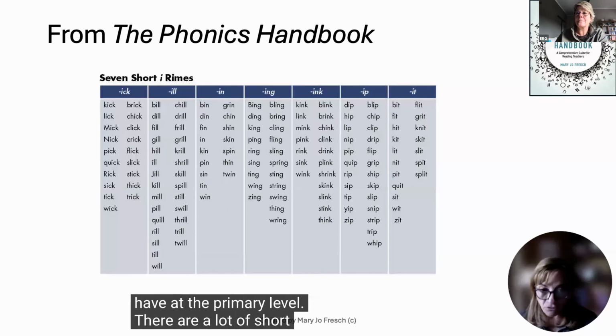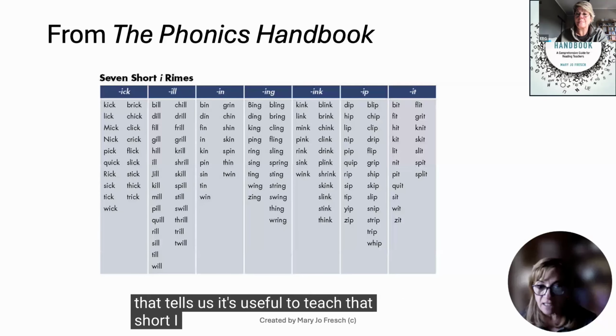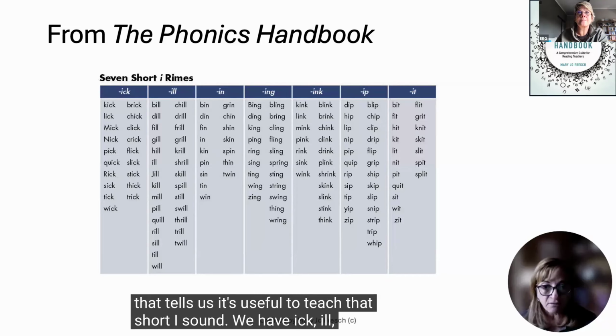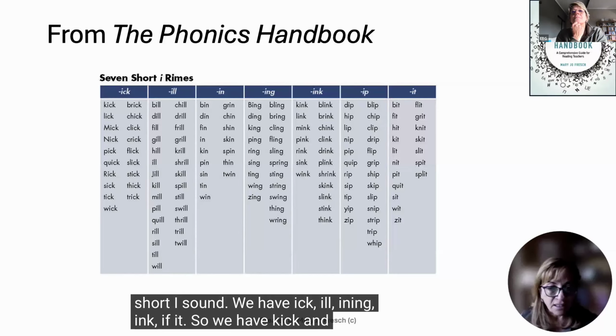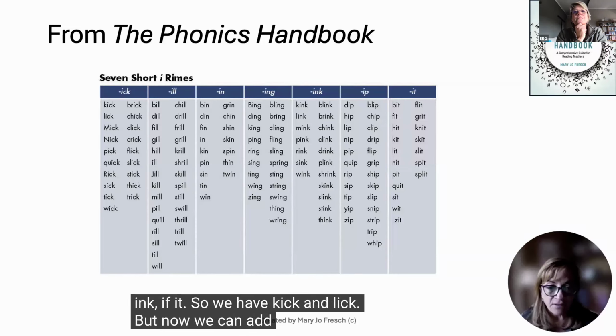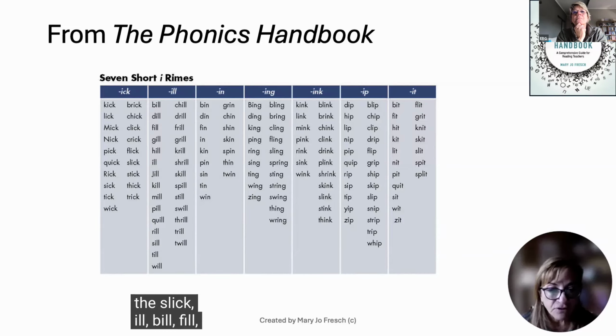There are a lot of short I rhymes, and that tells us it's useful to teach that short I sound. We have ick, ill, in, ing, ink, ip, it. So we have kick and lick, but now we can add the CL, click, the SL, slick. Ill, bill, fill, gill.